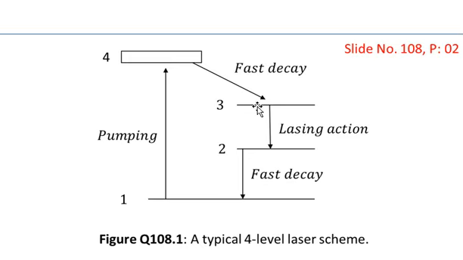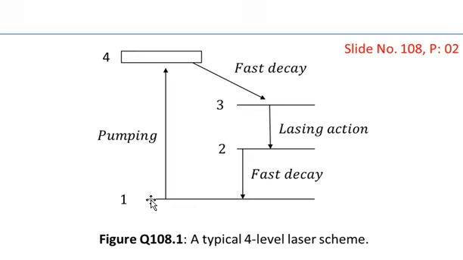Because the population inversion is achieved in level number 3 with respect to level number 2. Level number 2 is a fast decaying level, so the population of level 2 at any time could be considered to be zero. Since the pumping is done from level number 1 to level number 4, we are also assuming that there is no decay of the population from level number 4 to level number 1.